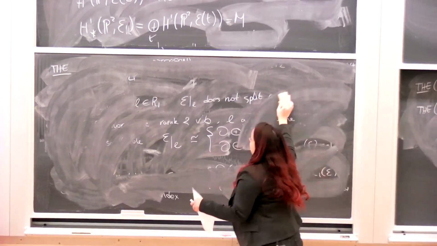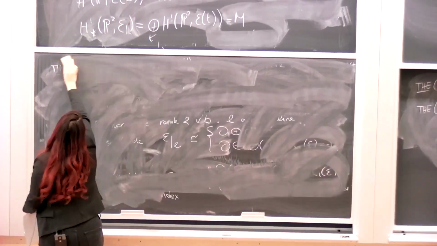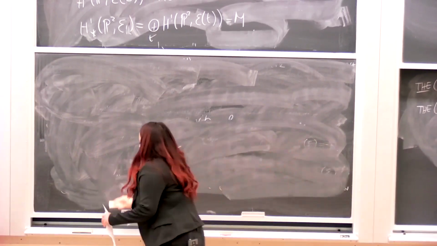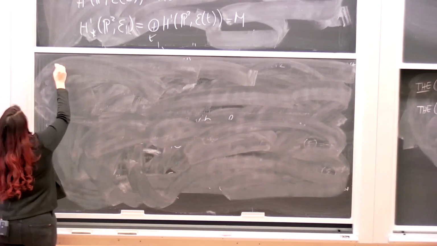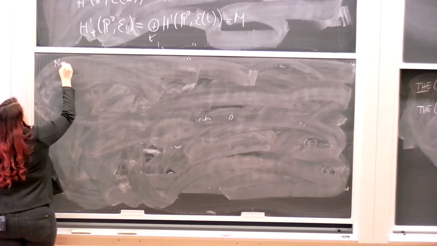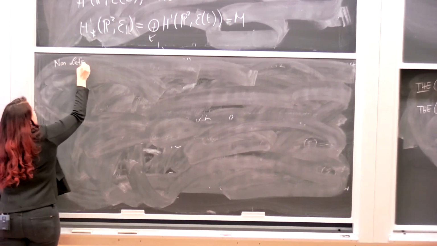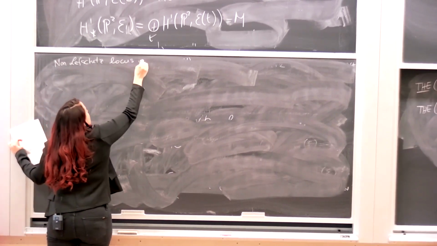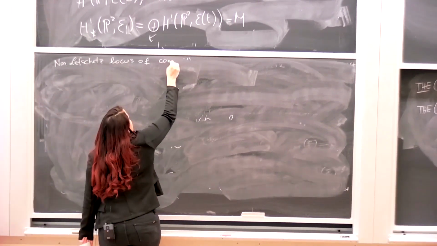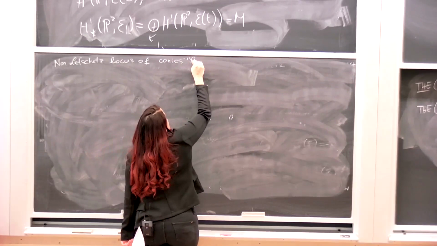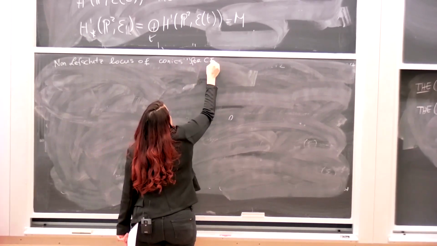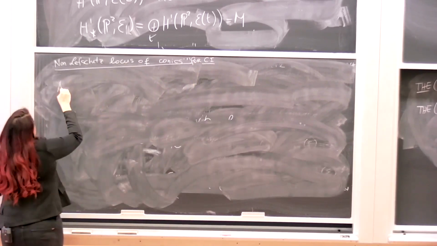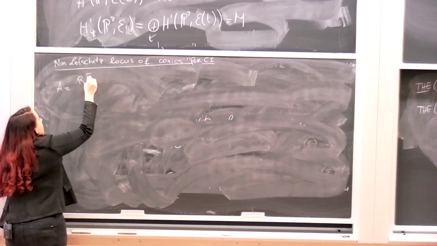Let's now return to the complete intersection in 3 variables.